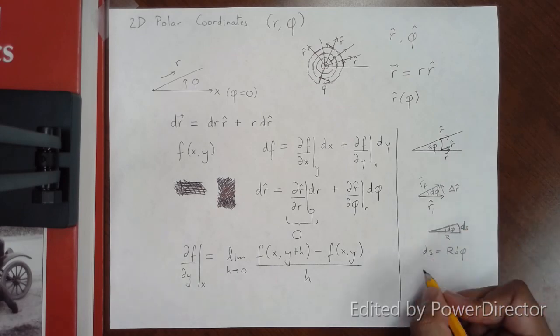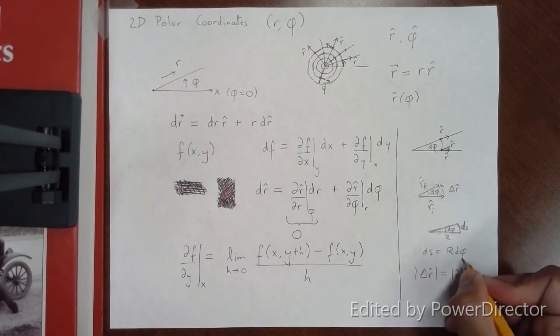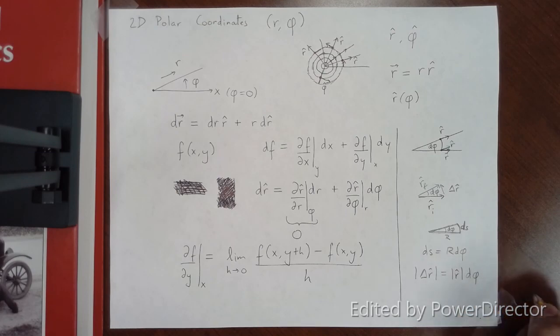So what that tells us is that the magnitude of delta r hat is going to be the magnitude of the radius, which is just r hat, times d phi. But we know that the magnitude of r hat is 1, so this is just d phi.